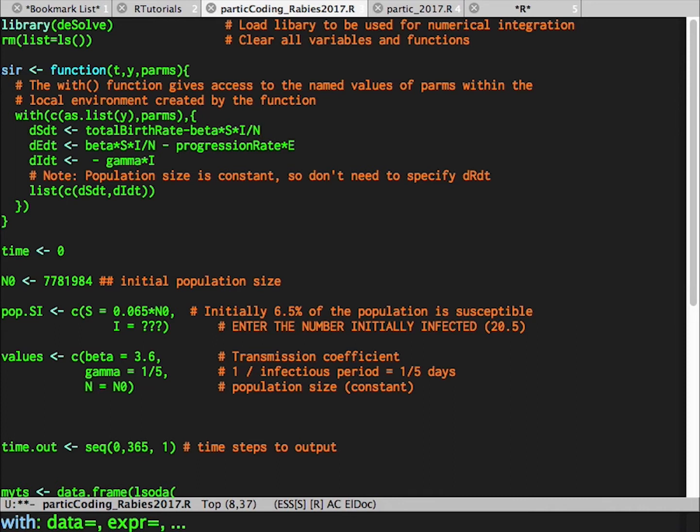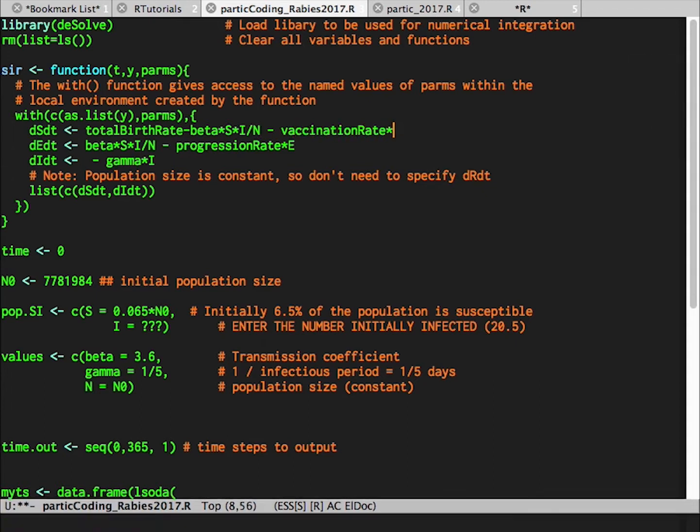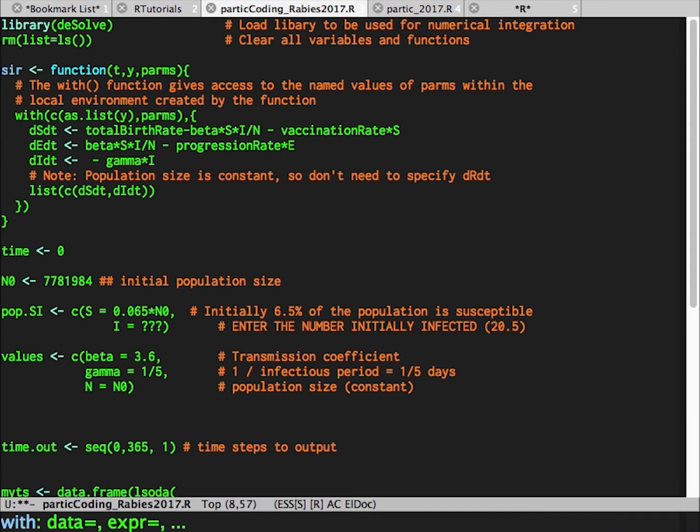What else is going into or out of S? Vaccination. Okay, so we need vaccination rate times S. Okay. Anything else? Deaths. So minus natural death rate times S. Okay, so that seems like everything.